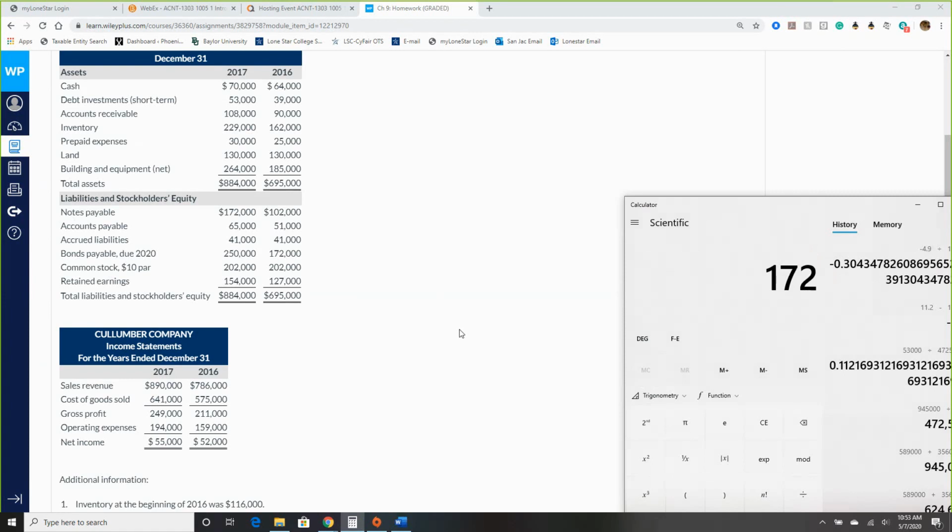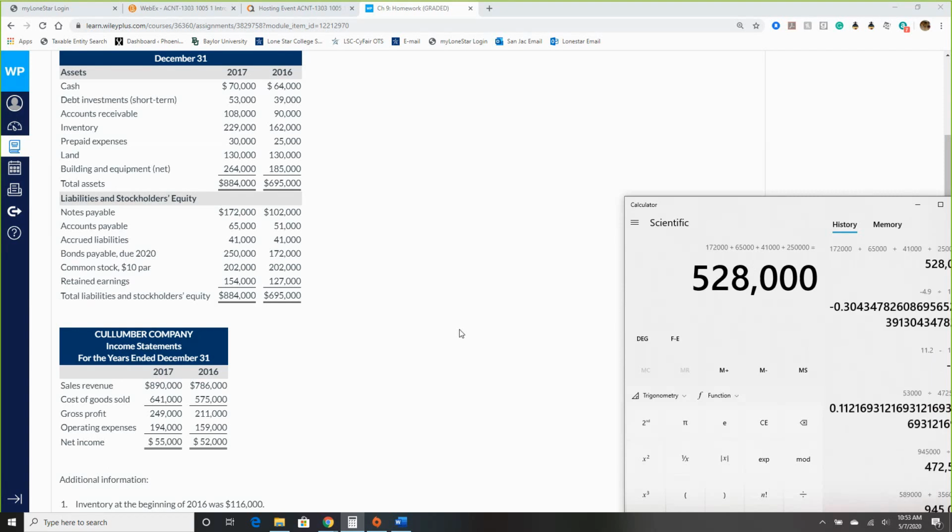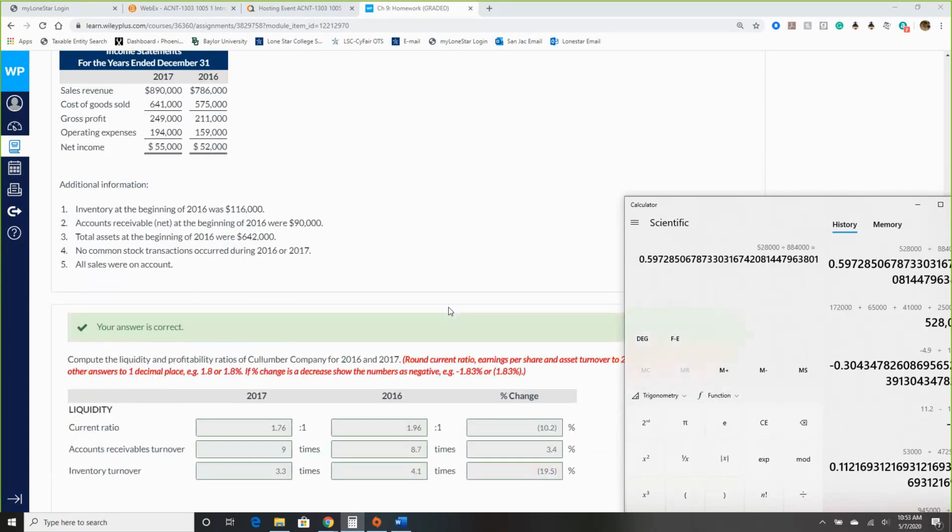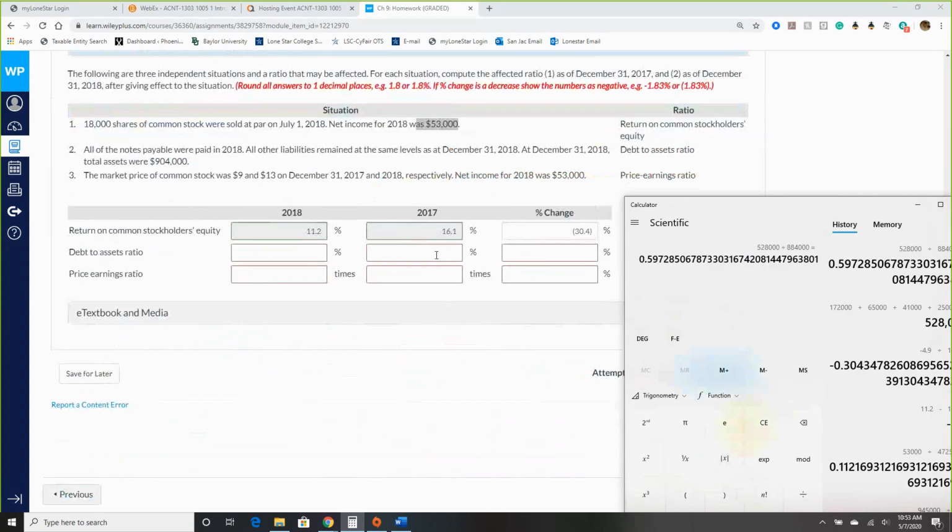So our notes payable plus our accounts payable plus accrued and plus that bond. And divided by total assets, which is 84,000. So we're left at 59.7%.